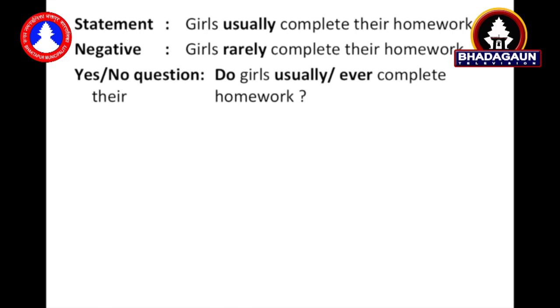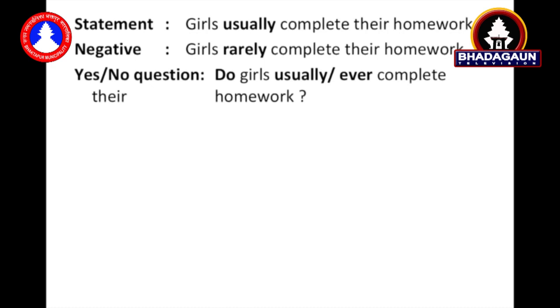And now here, we have used often, usually, frequently, generally, and mostly as the time adverbials of habitual actions. And how do we treat them in negative and yes no question?